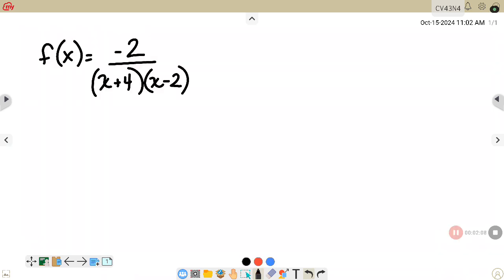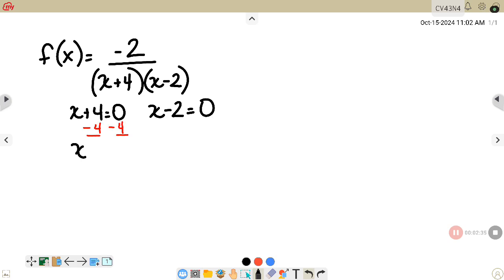Right, we're going to do the same thing on this next problem. We've got f of x equals negative 2 over x plus 4 times x minus 2. So this one actually has 2 zeros in the denominator because it has 2 factors that I'll set equal to 0 and solve for x. So on the first one, I will subtract the 4 from both sides.